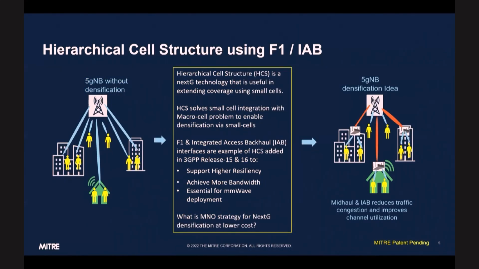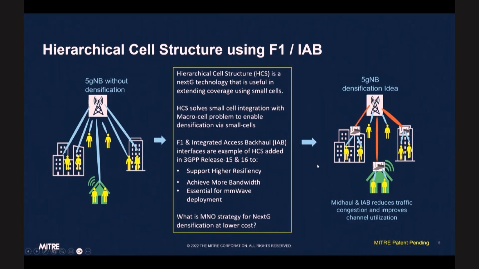Using F1 and IAB, what MITRE is doing is that MITRE has developed a hybrid RAN concept. In that hybrid RAN, we are using this mid-haul to connect the campus RANs to the MNOs.